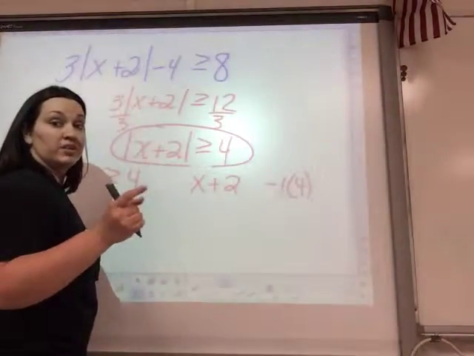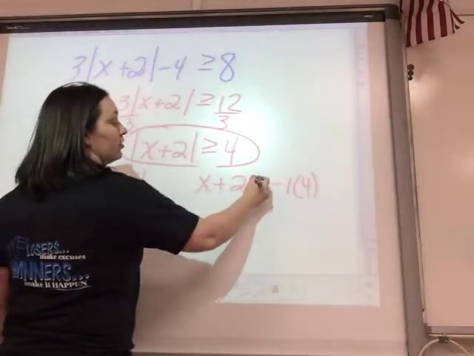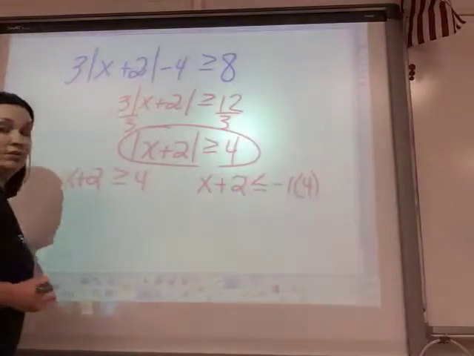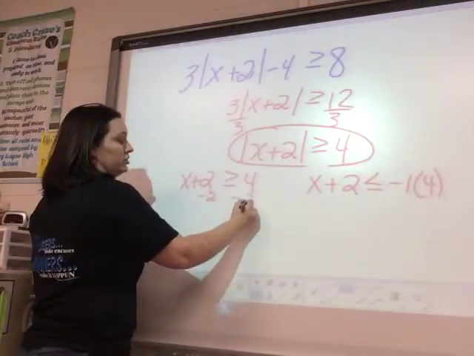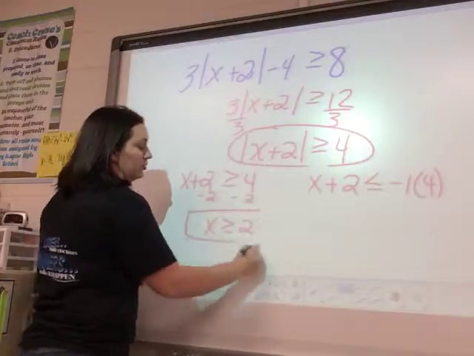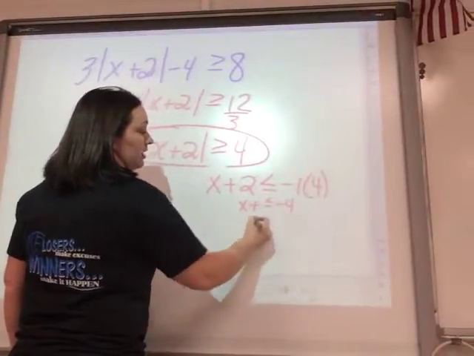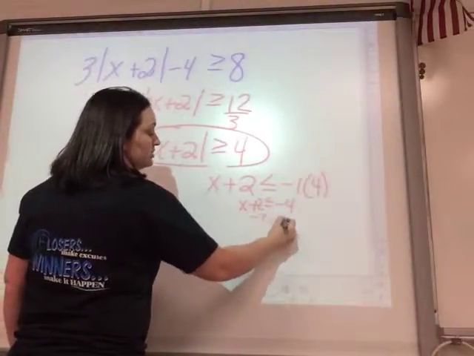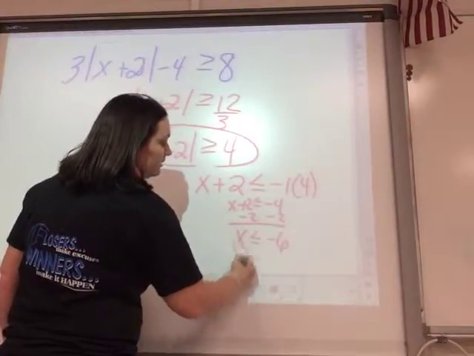Don't forget your rule that says when you multiply by negative, you flip your inequality from greater than to less than or equal to. Then solve. Subtract 2 to get x to be greater than or equal to 2. That's important. Multiply first. Then subtract 2 to get x to be less than or equal to negative 6.